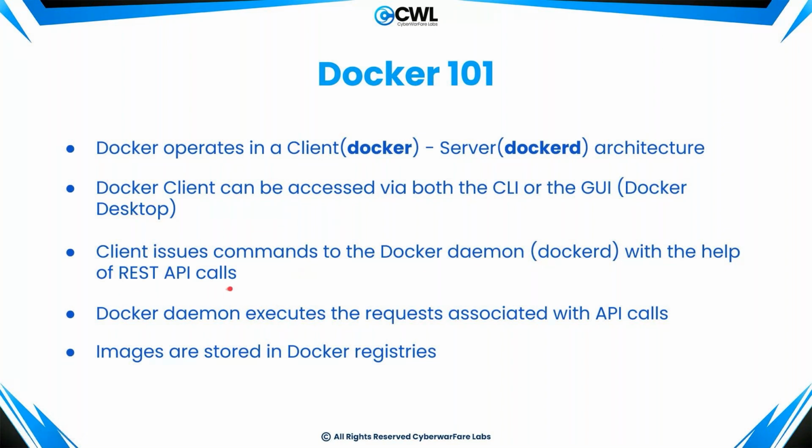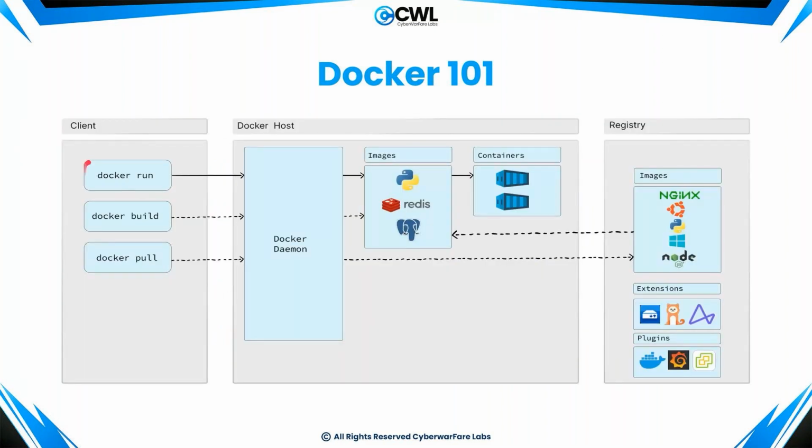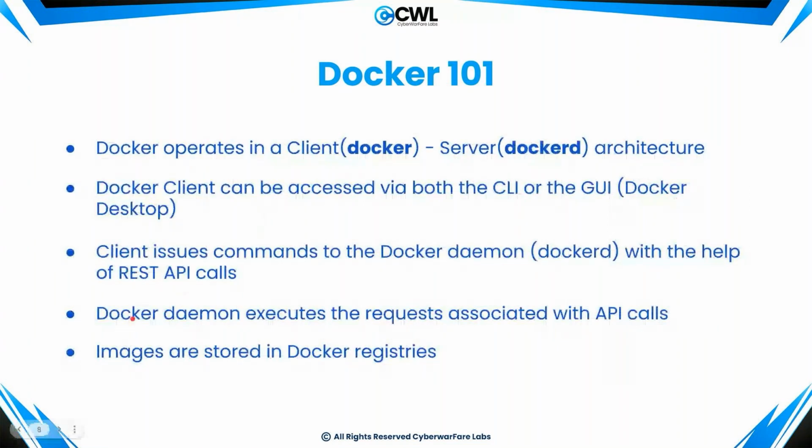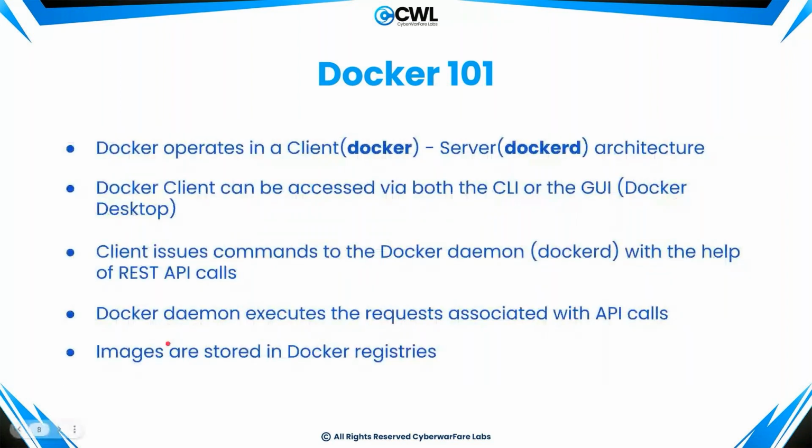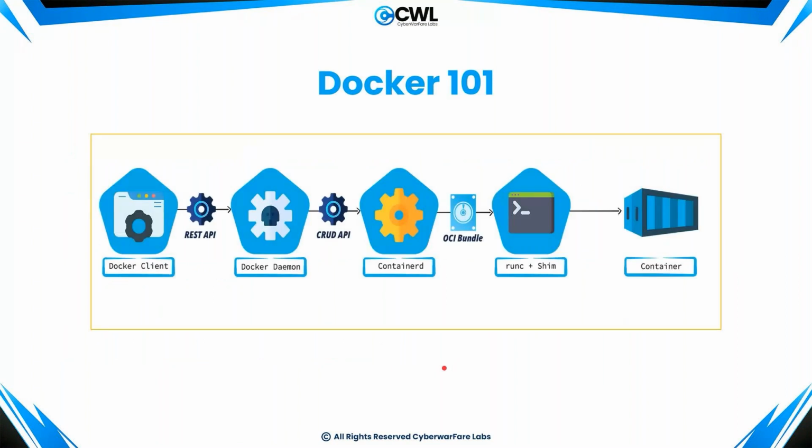So in the last image, if we revisit, the client making a request to the Docker daemon happens via the REST APIs, right? The Docker daemon executes the request associated with the API calls. If the client is trusted enough, the Docker daemon will execute the commands sent by the Docker client. Images are stored in the Docker registries, as I have already told you. So these are the things related to the Docker mechanisms.